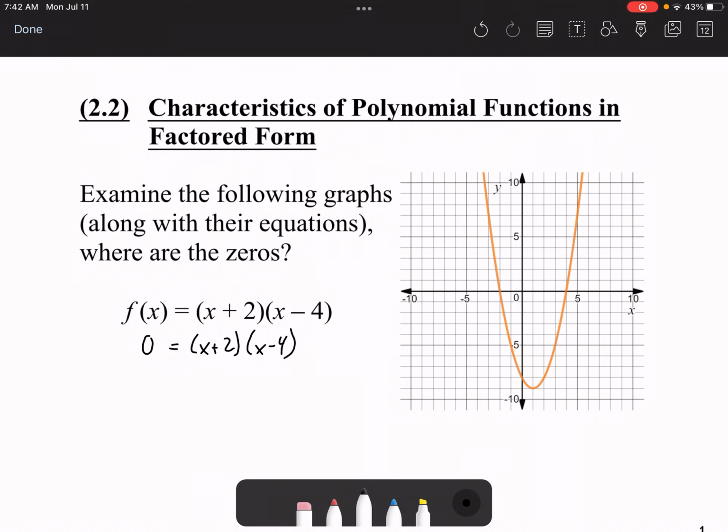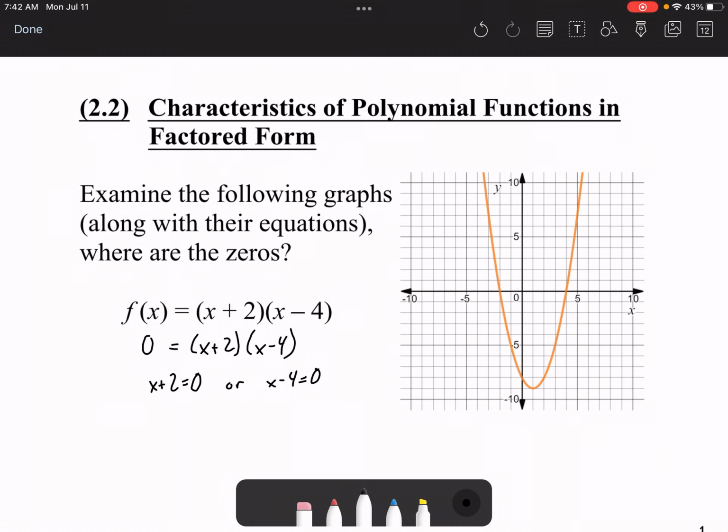What you can notice from this is you only have two options. You can either have x plus 2 equal to 0, or x minus 4 equal to 0, because this is a multiplication. So I'm going to write down x plus 2 equals 0, or x minus 4 equals 0. That's the only two options you have.